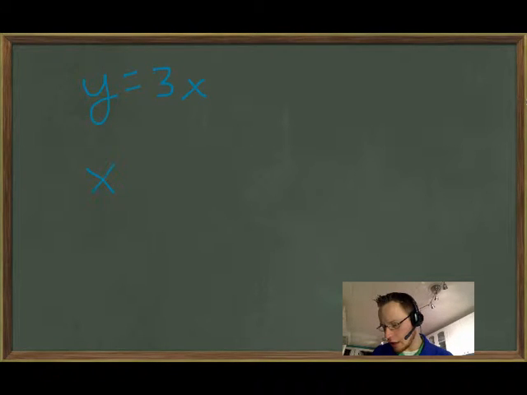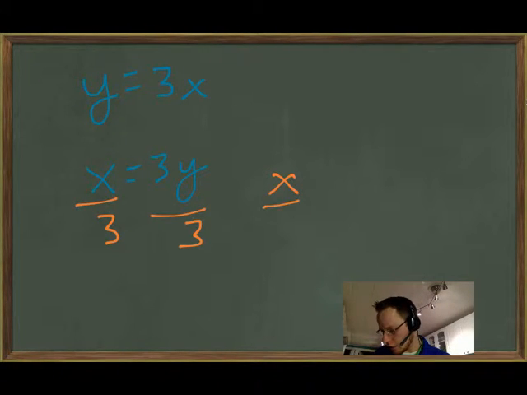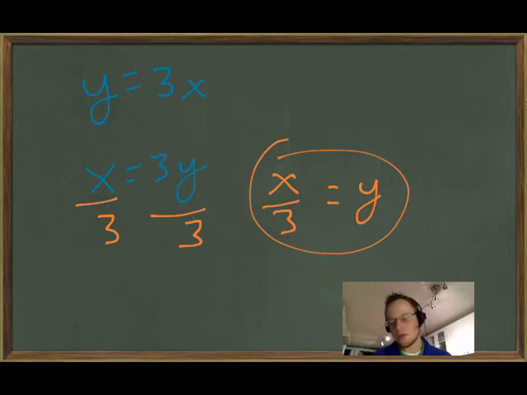So x equals 3y. Now to solve for y, we divide by 3. So x over 3 equals y, and that is our inverse. Now this works for sine, cosine, and tangent.